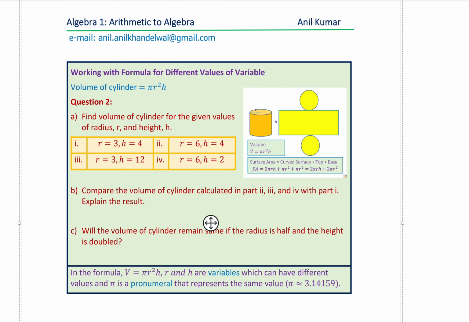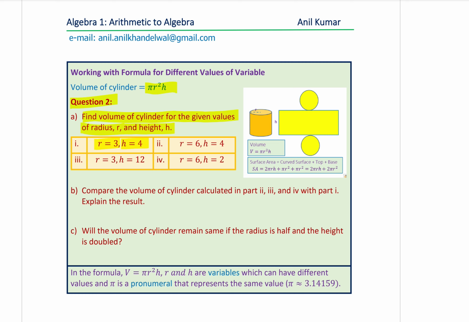This is a question for you to practice. So in this particular case, we are again working with a formula, right? The question here is question number 2, part A. Find the volume of a cylinder for the given values of radius r and height h. So we are given 4 parts to it. Radius is given to us as 3 and height of 4.